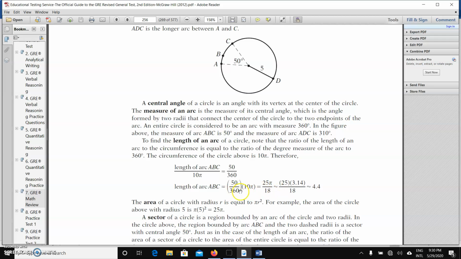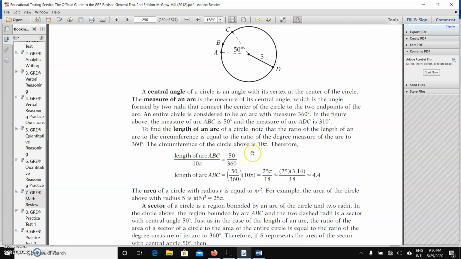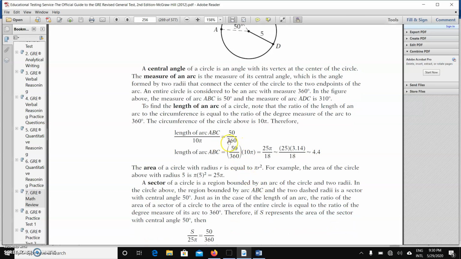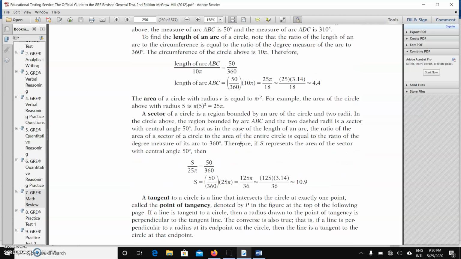If you solve it well, you're going to have 4.4. What they did was length of an arc over 2 pi r equals 50 over 360. So it's all the same, you understand? But if you just use the formula, you're going to get your answer straightforward.